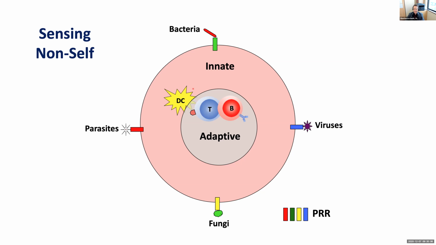One of the representative cells that is able to bridge the innate with the adaptive immune system is the dendritic cell, a professional antigen presenting cell that can sense non-self, microbial non-self for example, get activated, mature, and then activate the adaptive immune system.